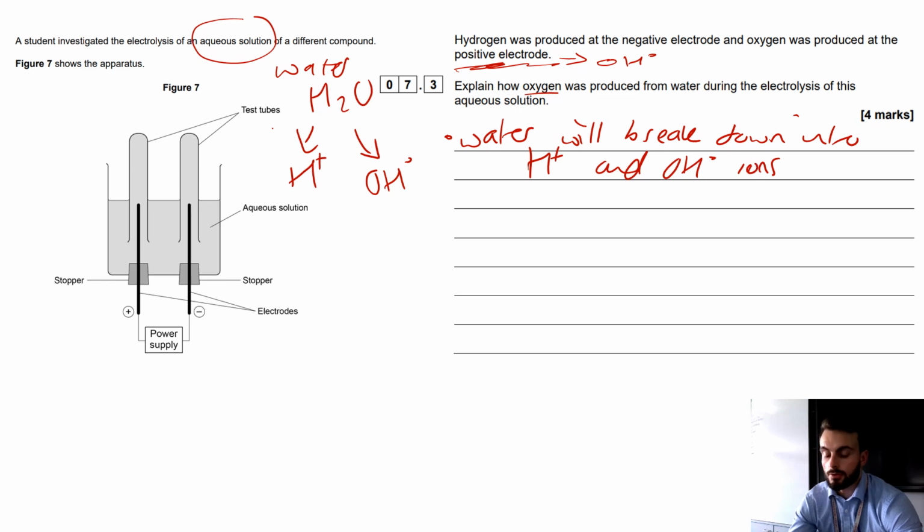Because we're in aqueous solution, we've got two extra ions, so that's 2 marks right there, talking about the ions. Then we need to say where the OH minus ions will go. Opposites attract, so if they're negative, they'll go to the positive electrode. So OH minus ions are attracted to the positive electrode.